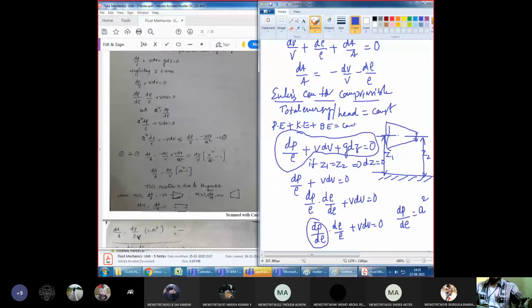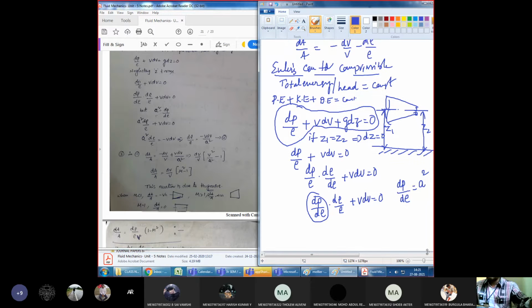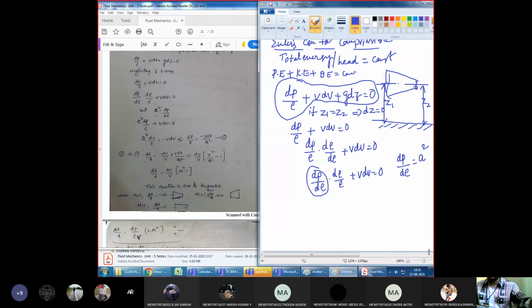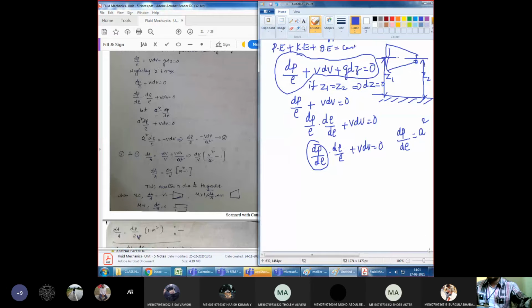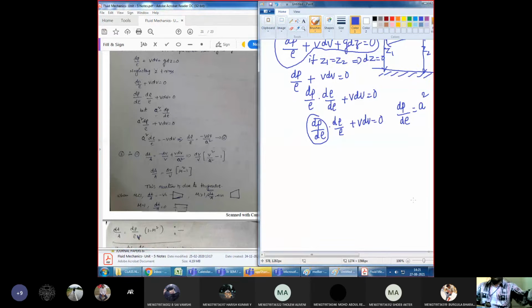Now after substituting, dp by d rho is replaced by a square, where a is the velocity of sound wave: a square into d rho by rho plus v dv is equal to 0.